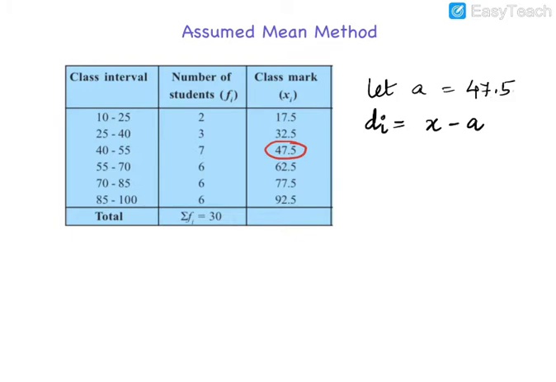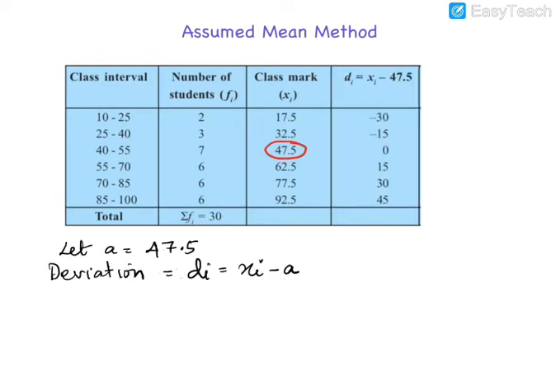So we are going to write here di and xi. d is called the deviation. So for each of these class marks, we have to find the deviation by subtracting the assumed mean from each of the xi's. So the first value of di is obtained by subtracting the assumed mean from 17.5.